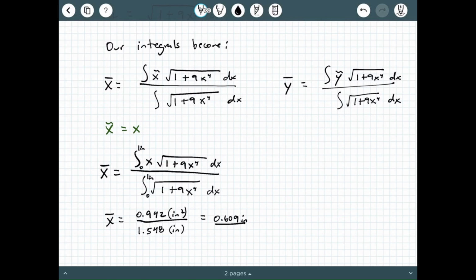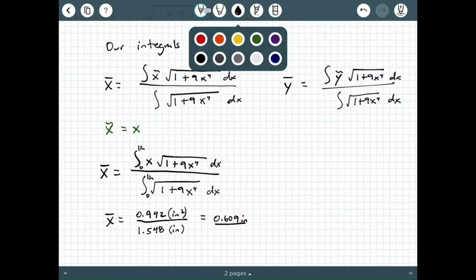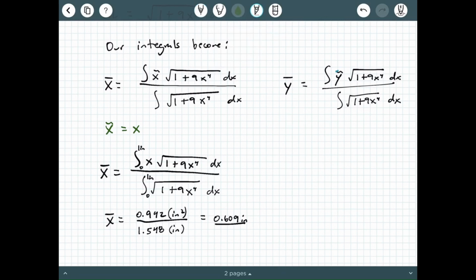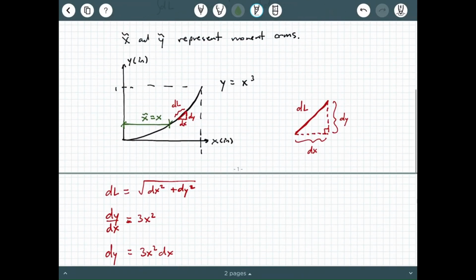What about y bar? So we're going to do the same kind of thing, but we need to figure out what is this y tilde here? What does that mean? So looking back at our figure, remember when you're calculating y bar, you're looking for y tilde, which again is a type of moment arm. And what is y tilde?